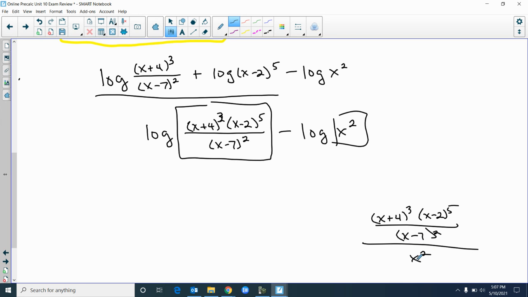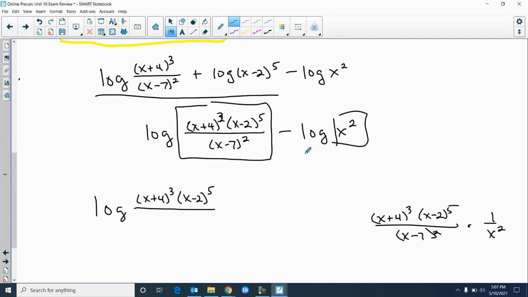Well, when I divide a fraction by something, that's the same as multiplying by 1 over x squared, which means when I'm done, that x squared is going to be in the denominator. So when I'm done, it should be log of x plus 4 cubed times x minus 2 to the 5th power over x minus 7 squared times x squared. Those two on the bottom, doesn't matter the order, or the top.